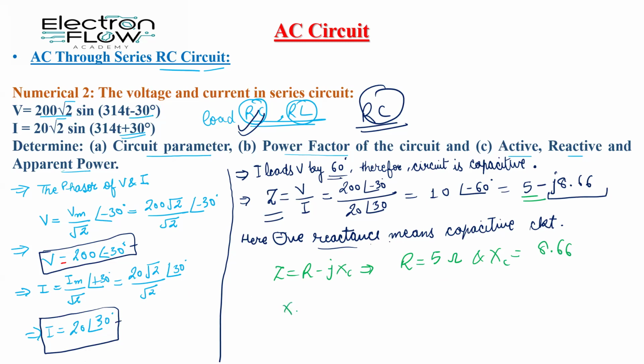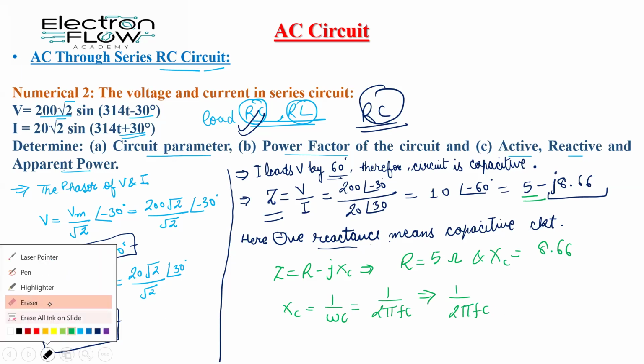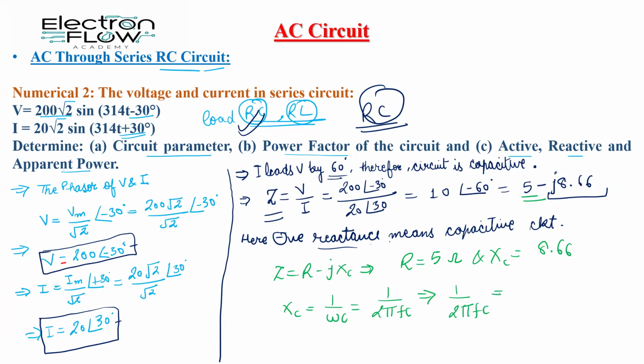We know XC is equal to 1 upon omega C, or 1 upon 2 pi f C, which is equal to 8.66. From here we can easily calculate the value of the capacitance.